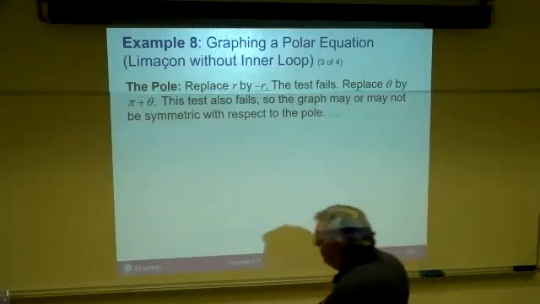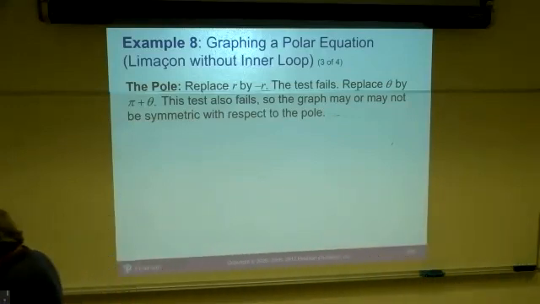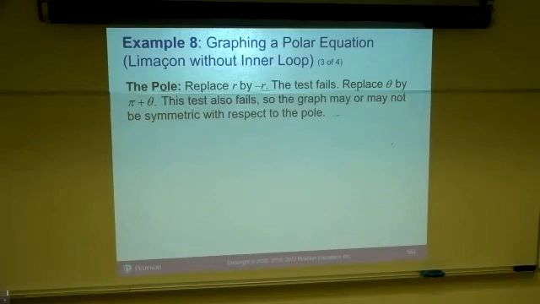So when you replace r with negative r, it's not the same formula. When you replace theta with pi plus theta, the test will also fail. So the graph may or may not have symmetry with respect to the pole.